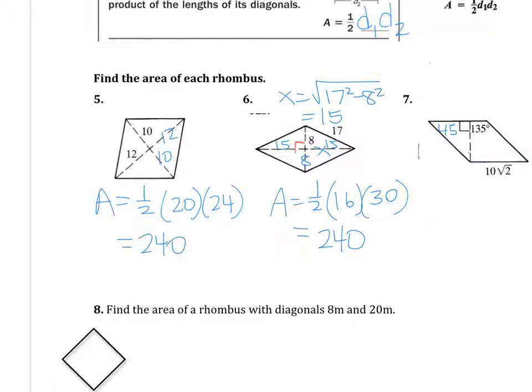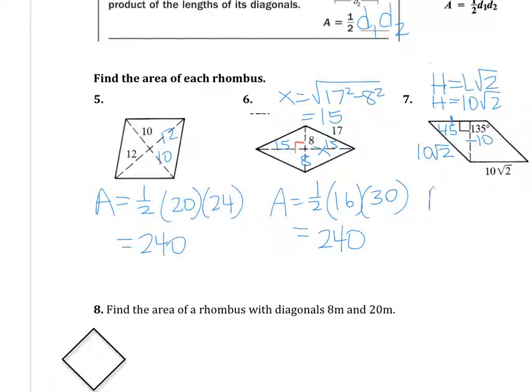And you know that this is 10 root 2. And each of these two little pieces are the same. It's the hypotenuse. Hypotenuse equals the leg times the square root of 2. So that means this is 10.